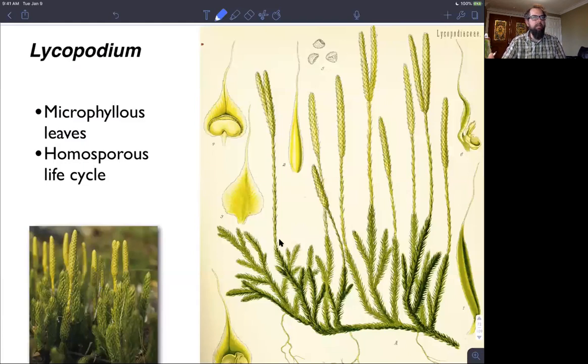These are going to have single veins associated with them. They also have a homosporous life cycle, and I'm emphasizing this because, as you'll see in just a second, in other groups of lycophytes they've actually evolved another characteristic. But what homosporous means is they have one type of spore.